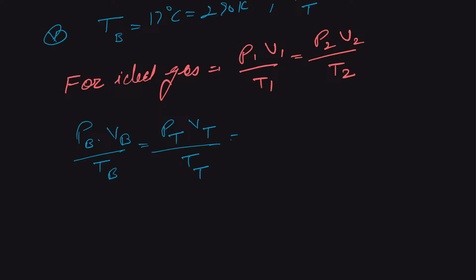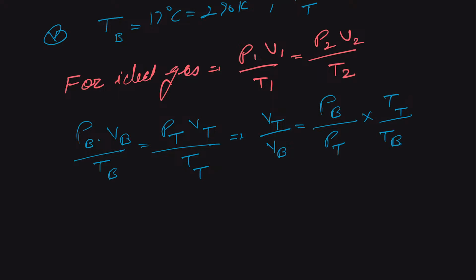And we are interested only in the ratio of the volume at the top and volume at the bottom. So this gives us pressure at the bottom over pressure at the top, multiplied by temperature at the top over temperature at the bottom.